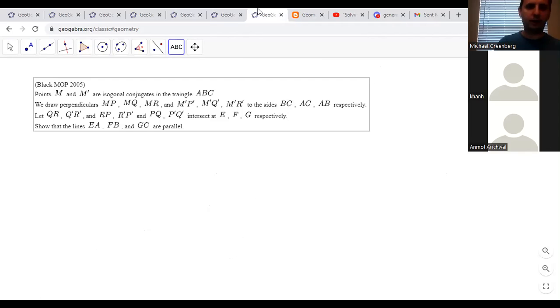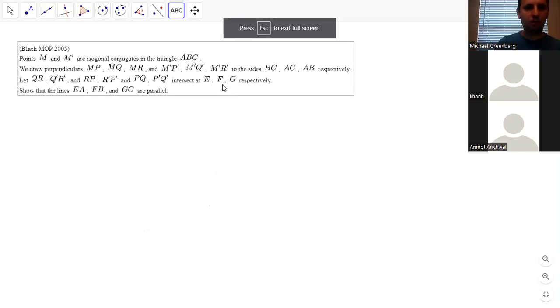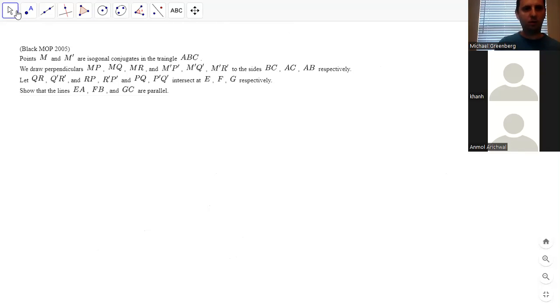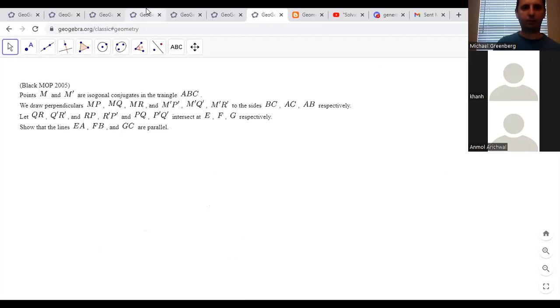You want to try an isogonal conjugate problem? Let's see. I actually think this might be well known. I think we might have done something like this before.